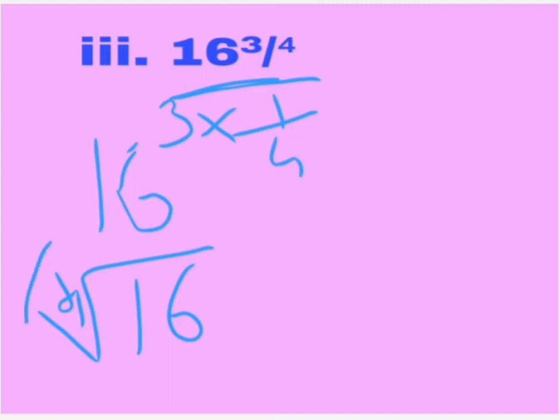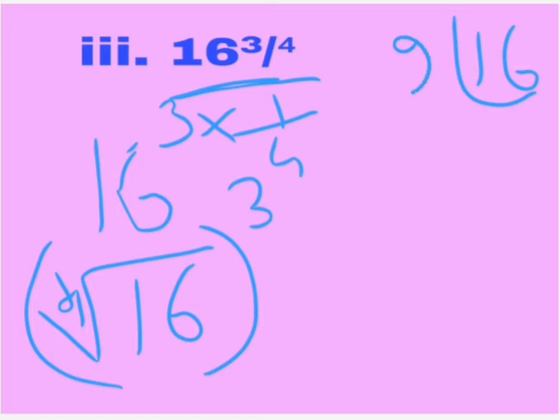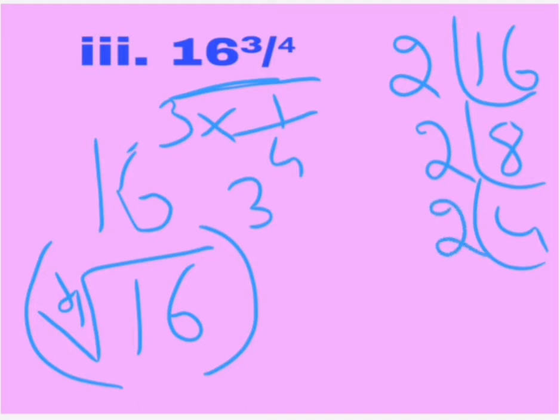Fourth root of 16 whole to the power 3, which will remain as it is. So for this 16, you have to find the factors with the help of your prime factorization method. 2 8s are 16, 2 4s are 8, 2 2s are 4. 1, 2, 3, 4. 4 times you have 2 here.